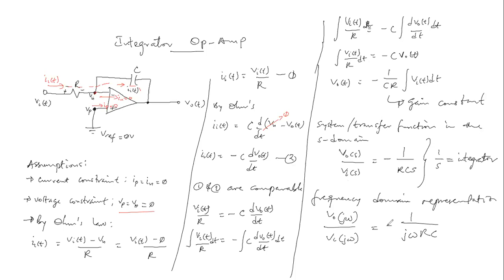So let us look at the differentiator op amp. In this case, we have the capacitor connected to the inverting terminal of the op amp.